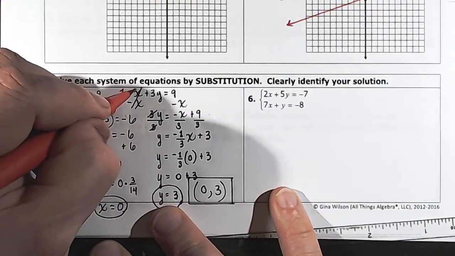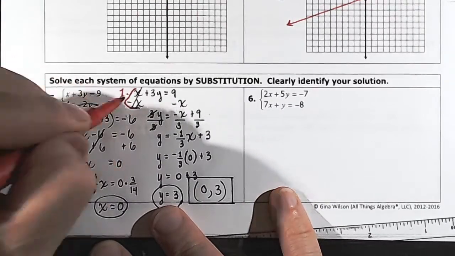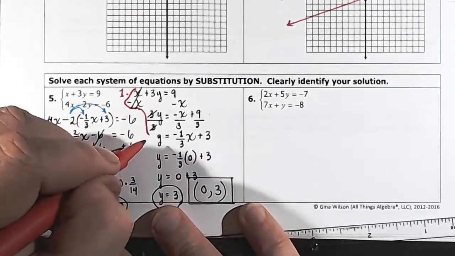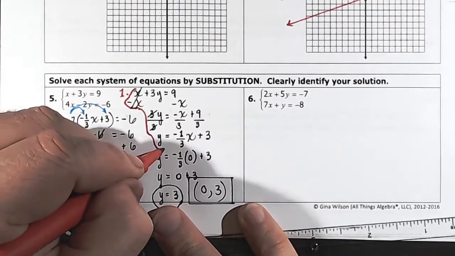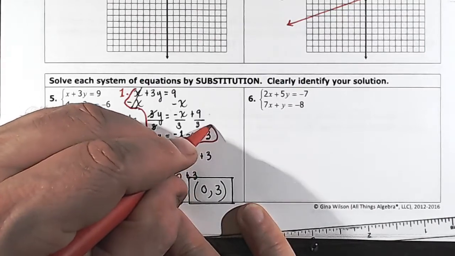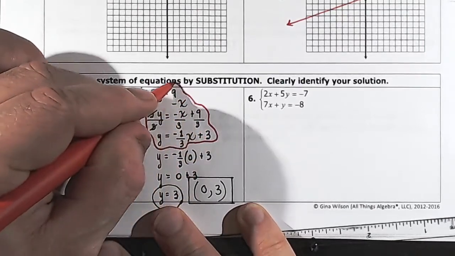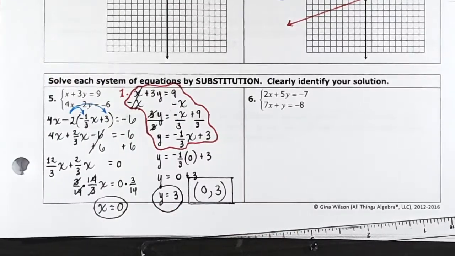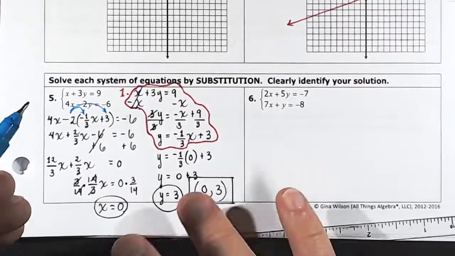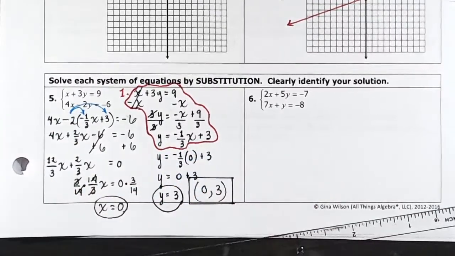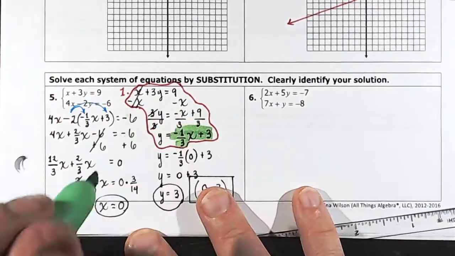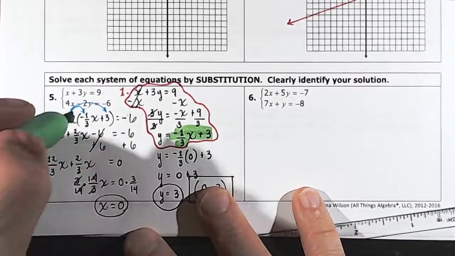Let me outline the first step. So this is what I did first. The first thing is I solved this equation for y, okay? This was my first step. And then in my second step, I plugged in this right here, which I'll highlight, into the second equation.